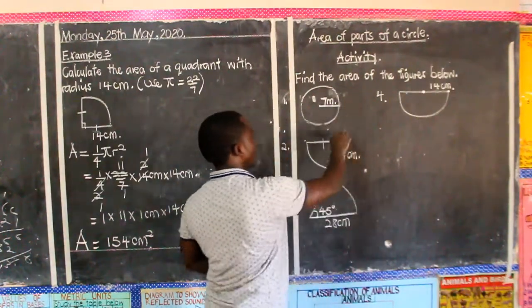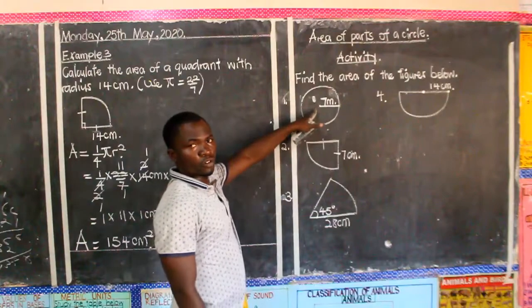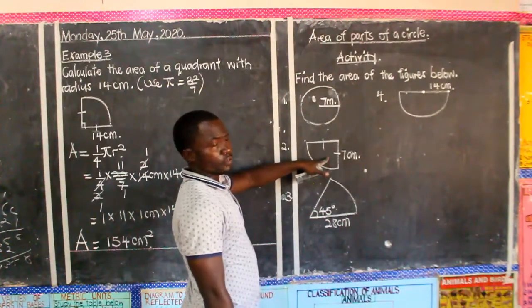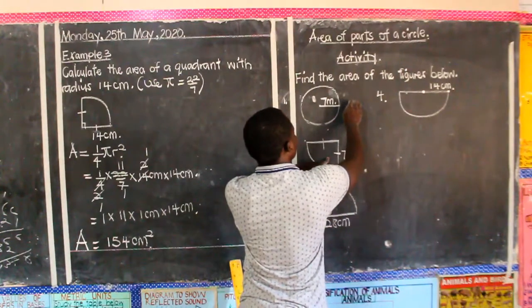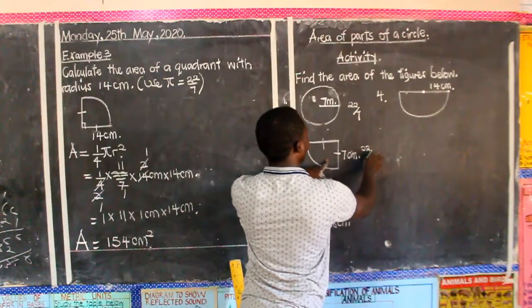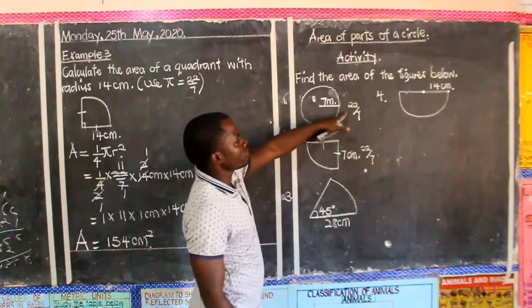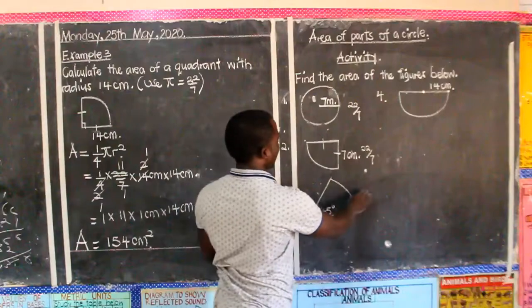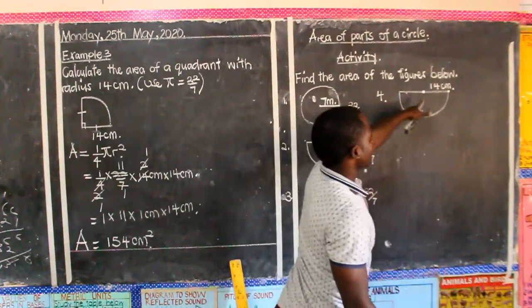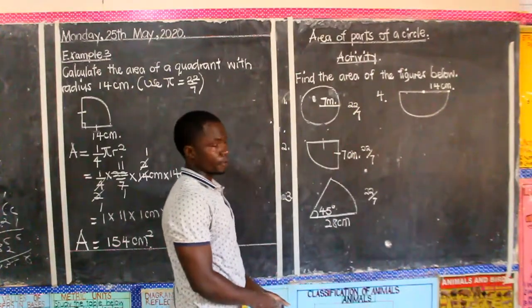So here, we are going to use the pi of 22 out of 7. Here also is 22 out of 7. Use the pi of 22 out of 7 in each of these, likewise to this one. Okay?